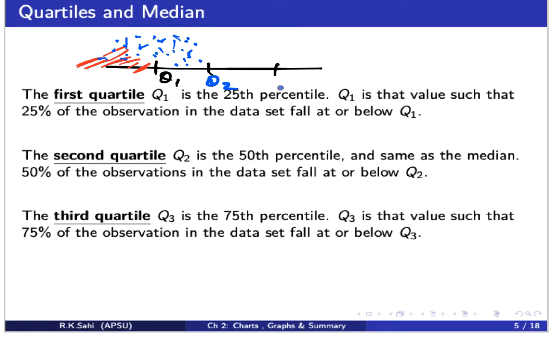Q3 is the 75th percentile, and it says that 75% of the observations are less than or equal to Q3. And 25% of the observations are above Q3. So 25% of the observations here are above Q3.